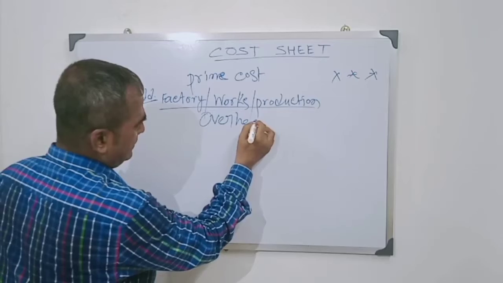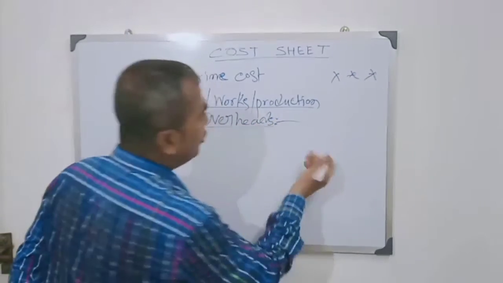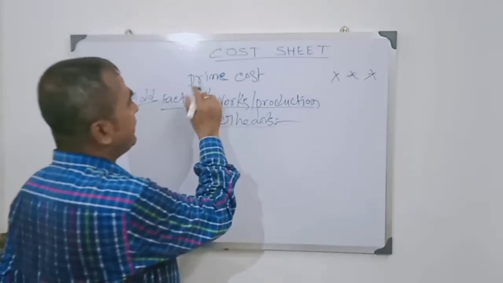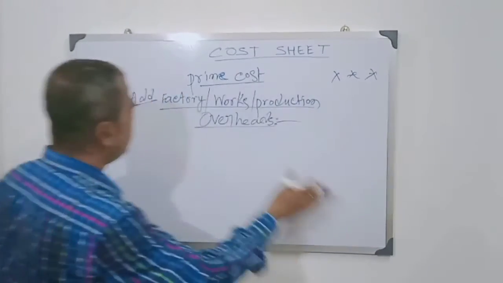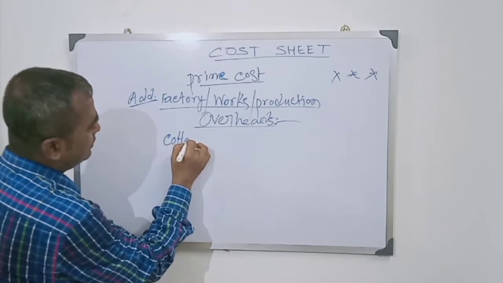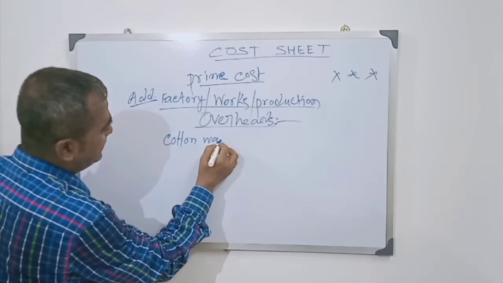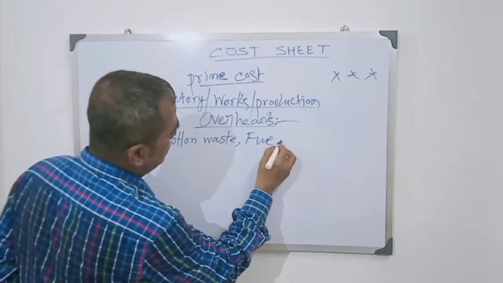Overheads are the expenditure over and above the head of prime cost. Example: cotton waste, fuel, power.